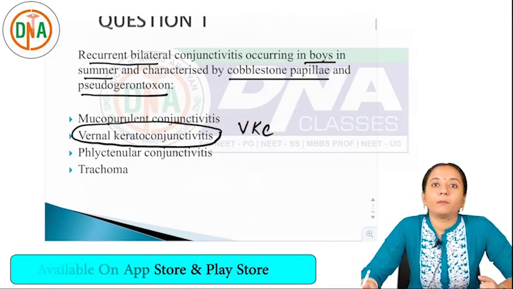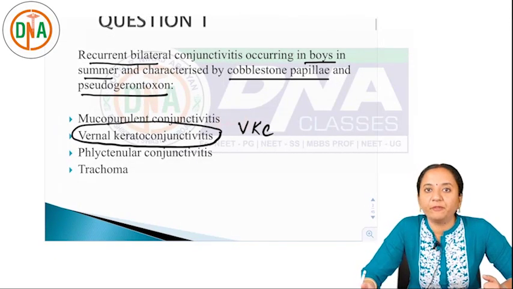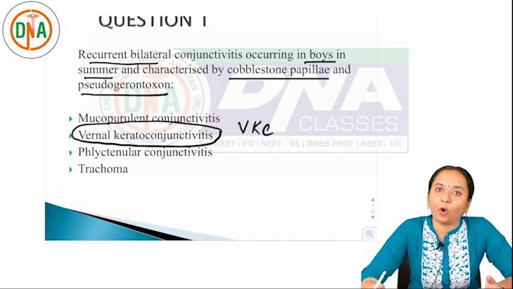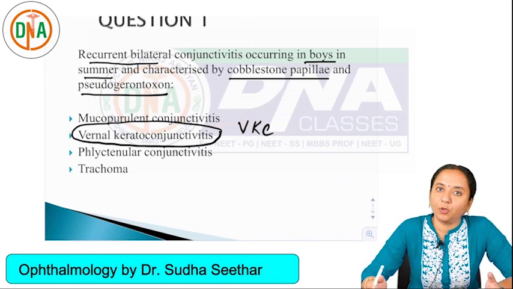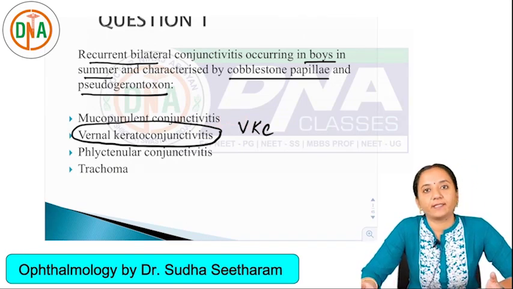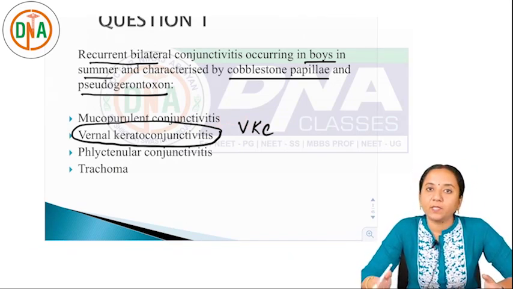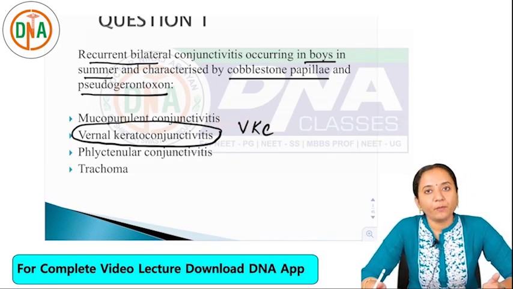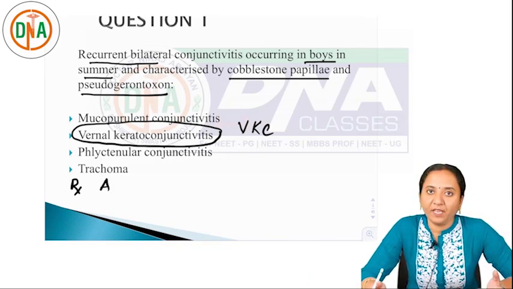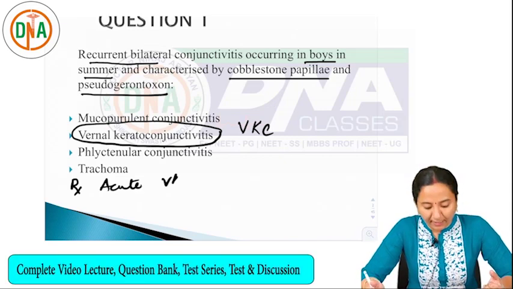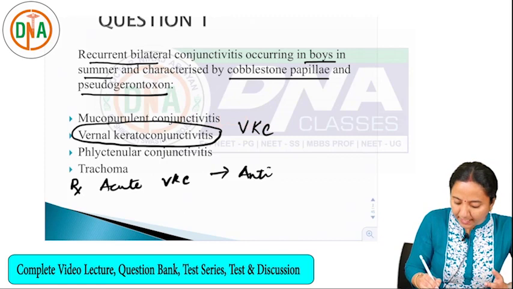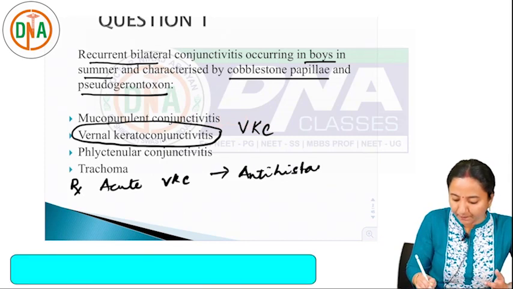Now let us talk about the treatment. What is the treatment for VKC? The treatment for VKC is divided broadly into treatment of acute VKC and prophylaxis of VKC. Because it is an allergic conjunctivitis, the treatment of acute VKC will be antihistaminics.